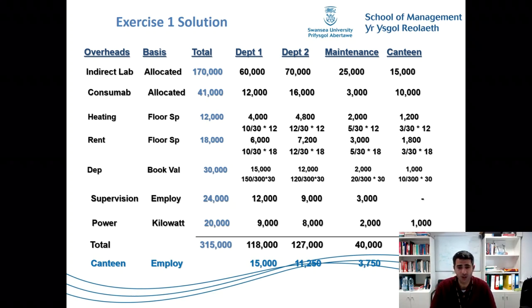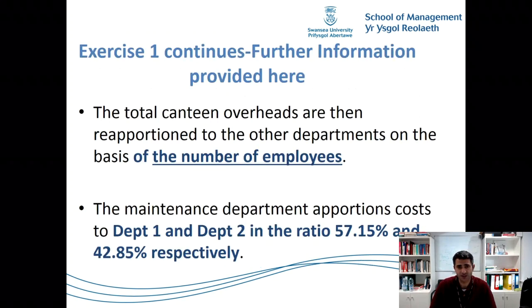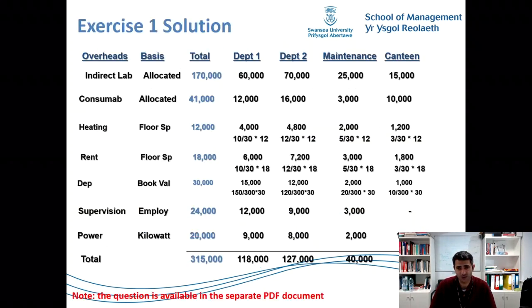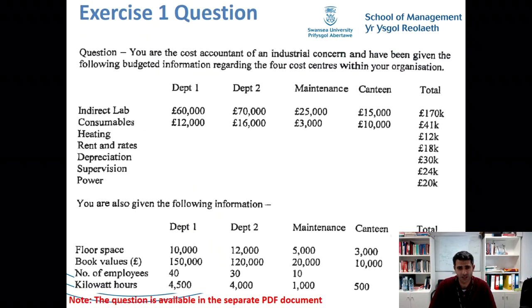We need to allocate them based off number of employees. In this case, we need to go back and find out the number of employees. If you look at the question, can you see number of employees? We have 40, 30, and 10.